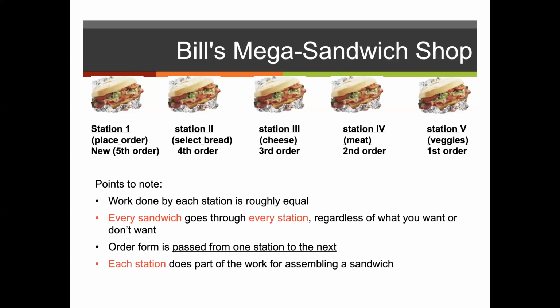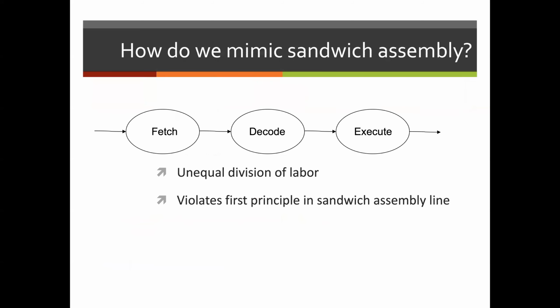And so how exactly can we mimic the work for the sandwich assembly scenario? With the fetch, decode, and execute, we have an unequal division of labor. So this is going to be a violation in that we know that a lot of the time execute is going to take the most time.